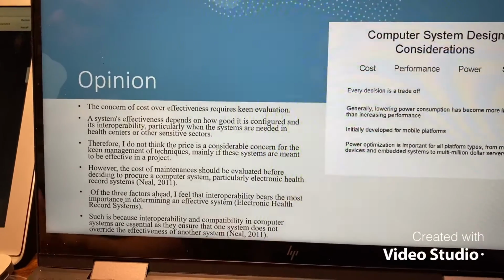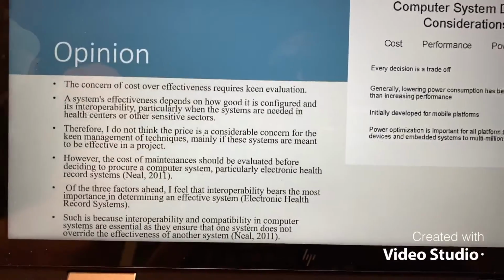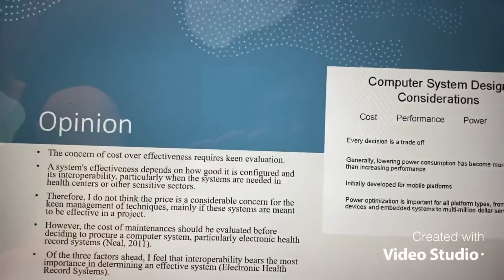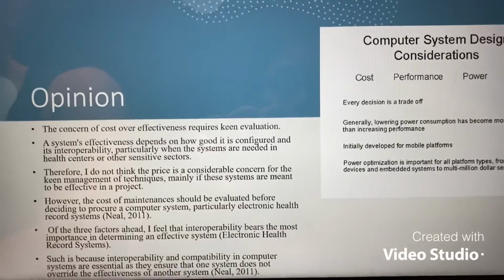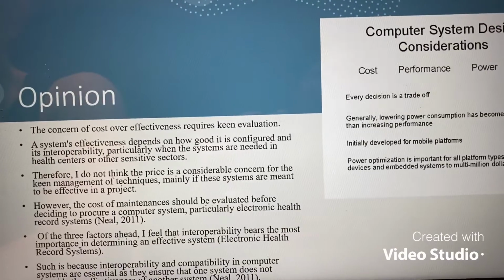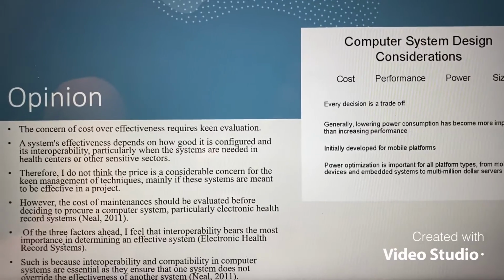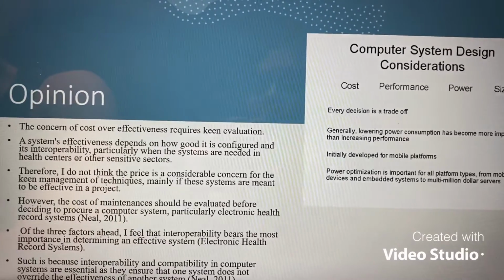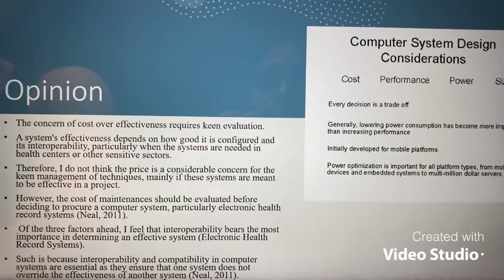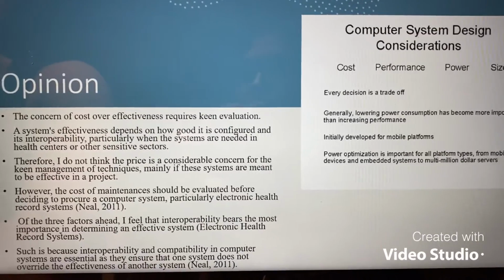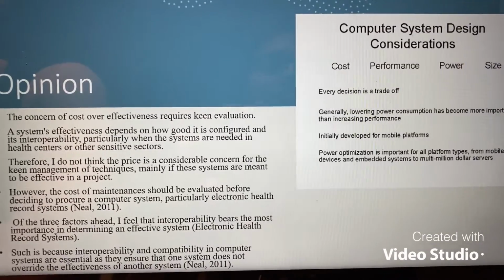The concern of cost over effectiveness requires keen evaluation. A system's effectiveness depends on how well it is configured and its interoperability, particularly when the systems are needed in health centers or other sensitive sectors.